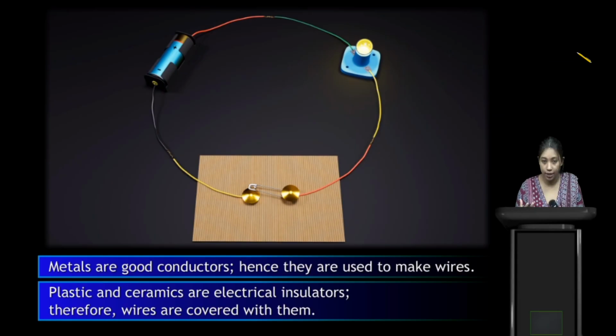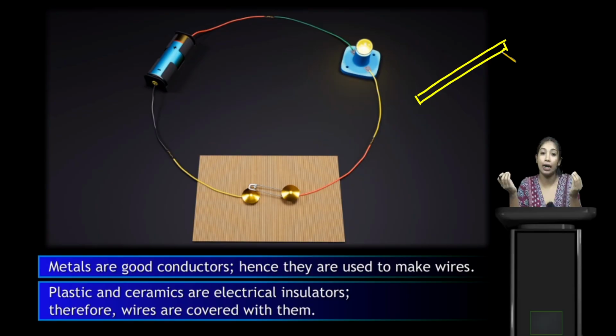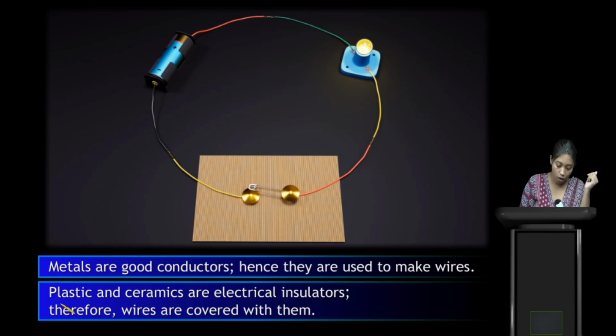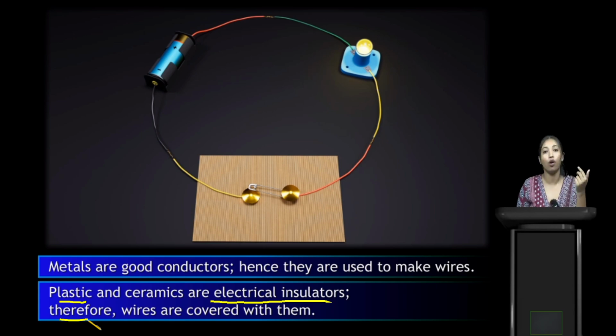So if the wire is not covered with plastic, suppose by fault somehow you have touched the wire, so what will happen? We can get an electrical shock, we can die. So to prevent ourselves from such a dangerous situation, we cover the electrical wires with plastic, ceramic or rubber.